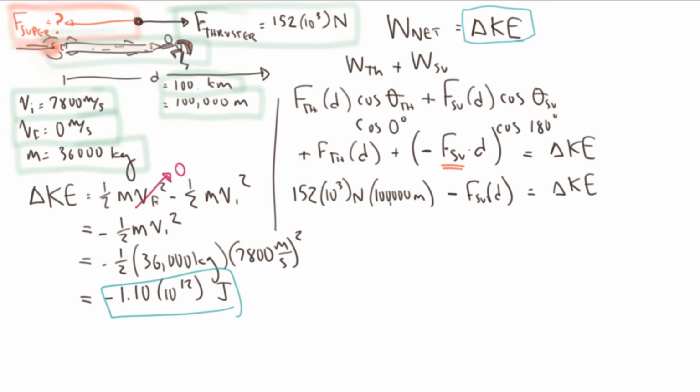When you plug all that in, make sure we keep that separated. So 152 times 10 to the third times 100,000 meters gets us 1.52 times 10 to the 10th joules.